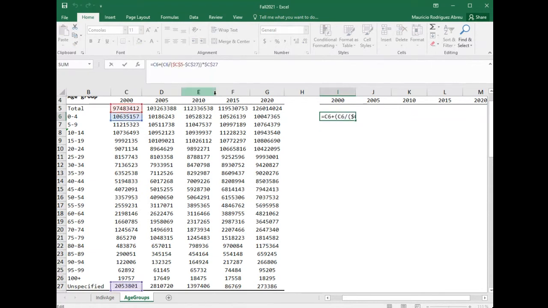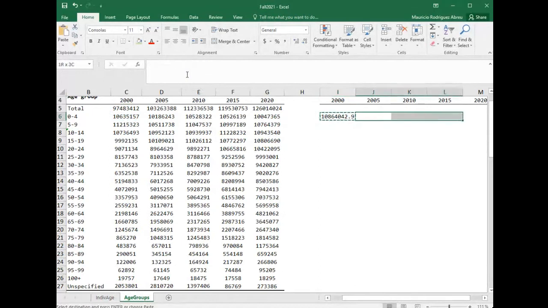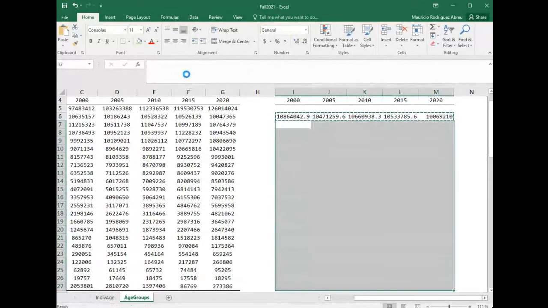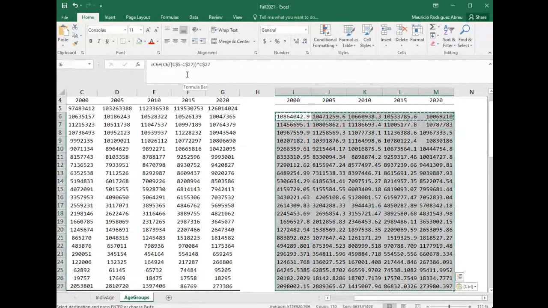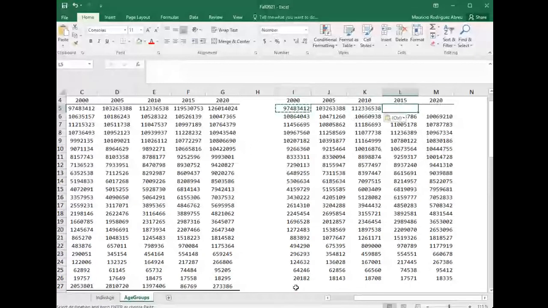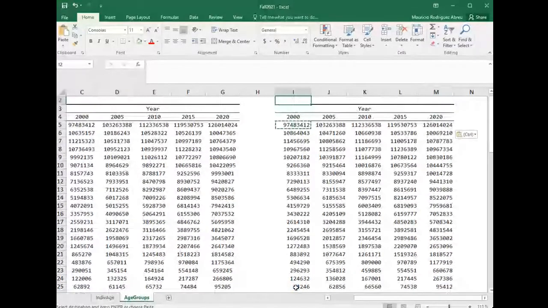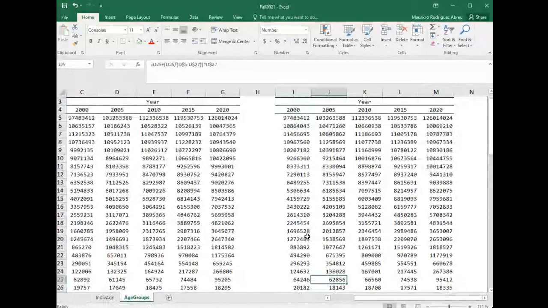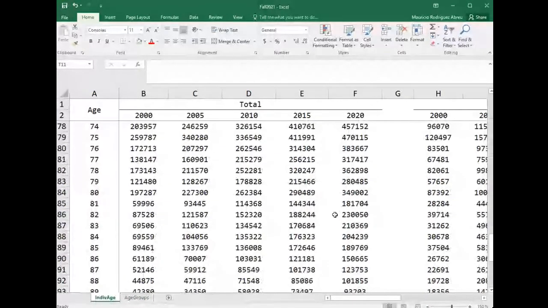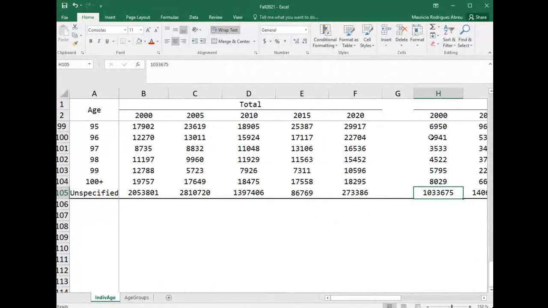Let me change these things so I can copy and paste this from there. We'll have this one, and we should get the same totals. So this is for the total population. You have to do this also for the male population and female population. I'm not gonna do it right now, but you also have to do it for the individual age population. And I think that's the one I didn't save, I don't know why.